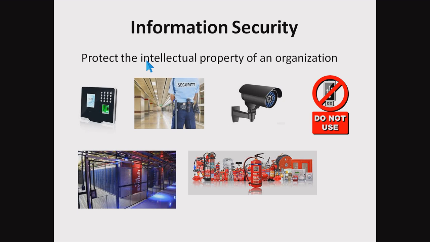So, this has to be protected at all costs, and that's where information security comes in. Now, information security as a subject has many aspects to it, but the most important part of it is how to protect the intellectual property of an organization. That's what information security is all about. Starting with the familiar biometric access systems that are based on fingerprint or face recognition.